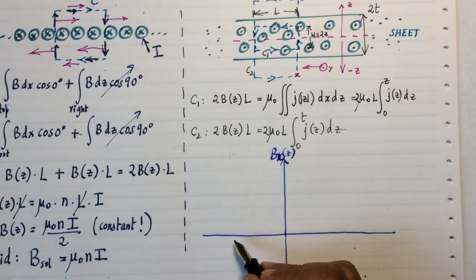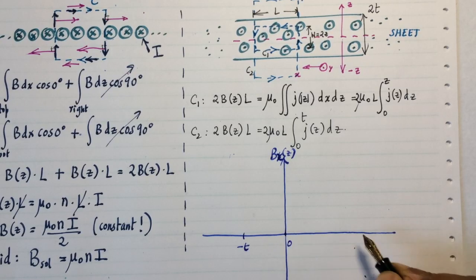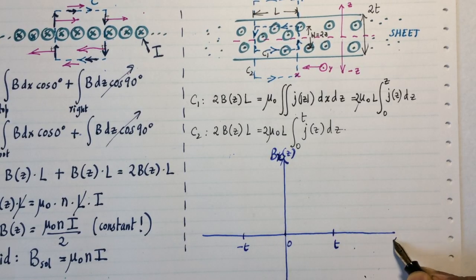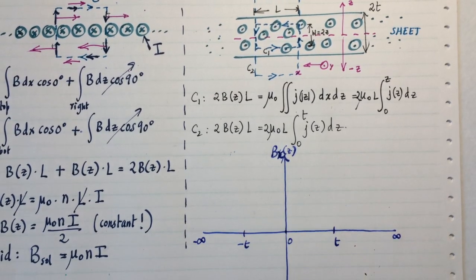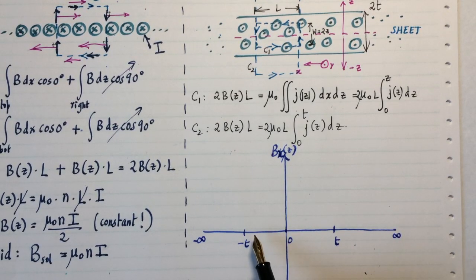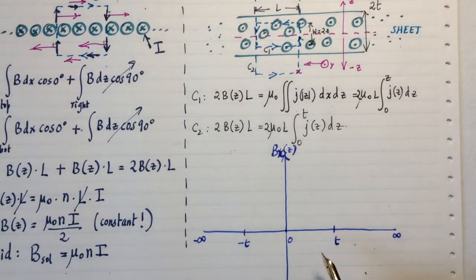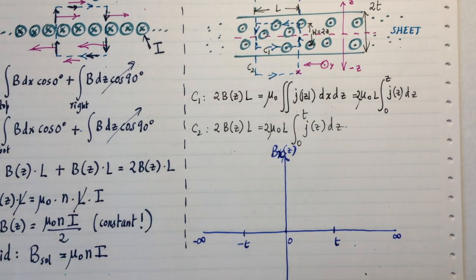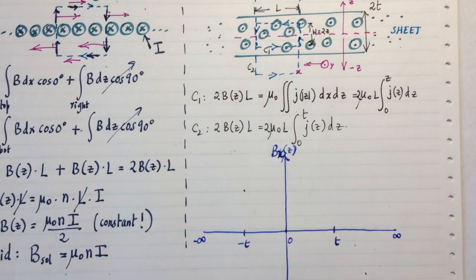So let's go from z equals negative t to 0 to positive t, and of course to infinity and minus infinity here. When the z values are negative, the magnetic field is positive. So I have to be a little careful here. And it's going to be the opposite here.